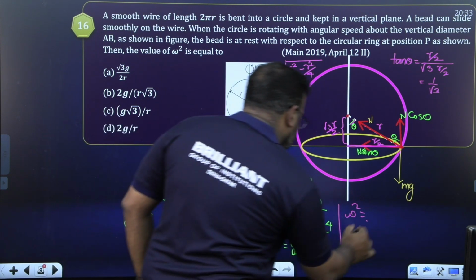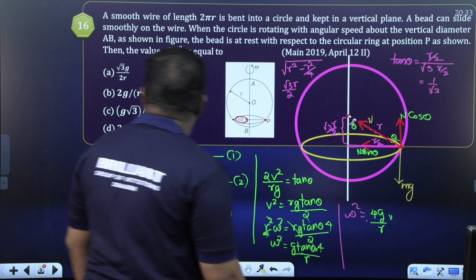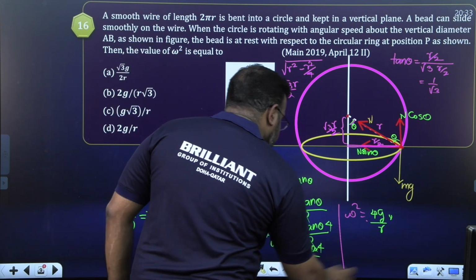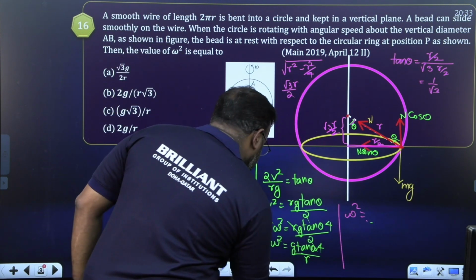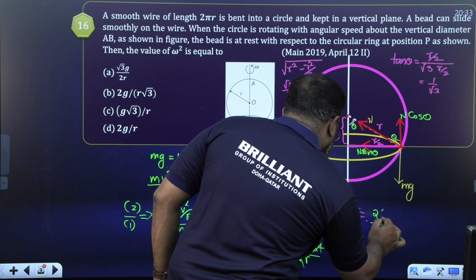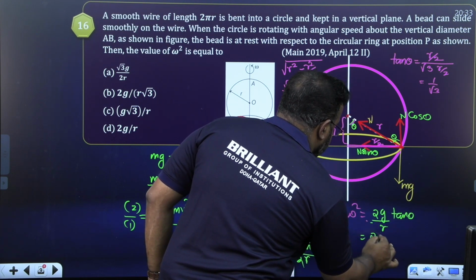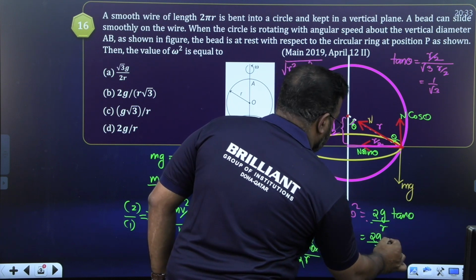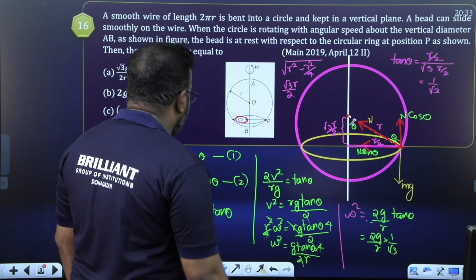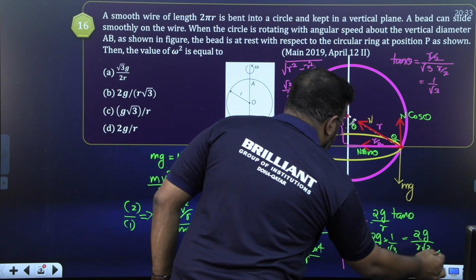So what we get here is 4 G by R. No, 4 by 2 will be 2 only, right? Sorry. There is a 2 here. So we get 2G by R into tan theta. Now we can substitute 2G by R into what is tan theta we got? 1 by root 3. 2G by R root 3, correct. 2G by R root 3. This is the answer.